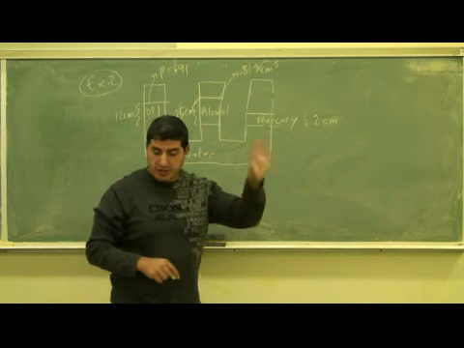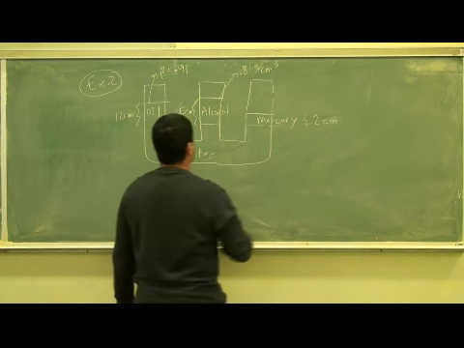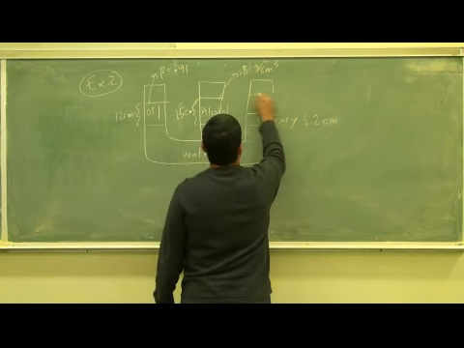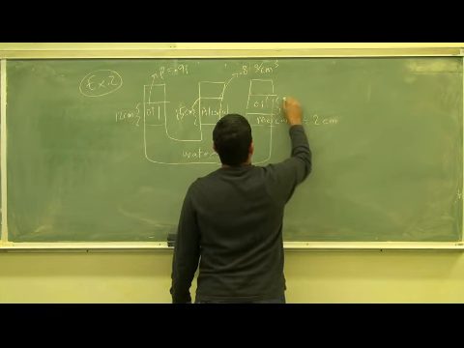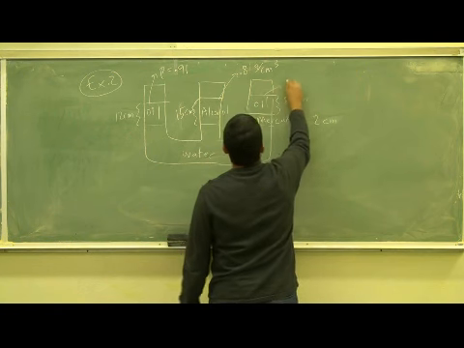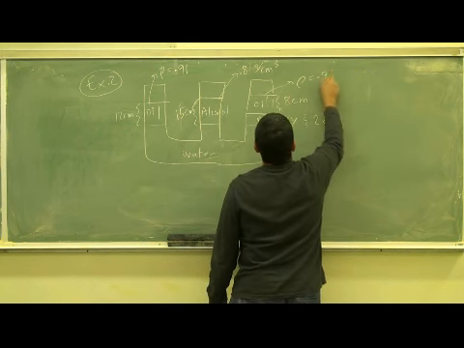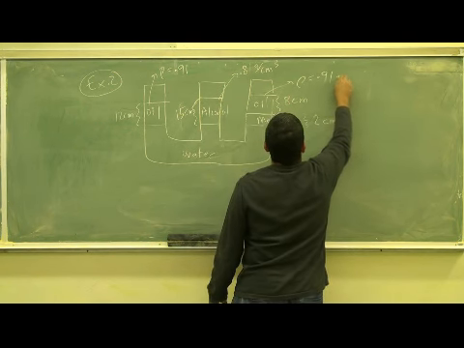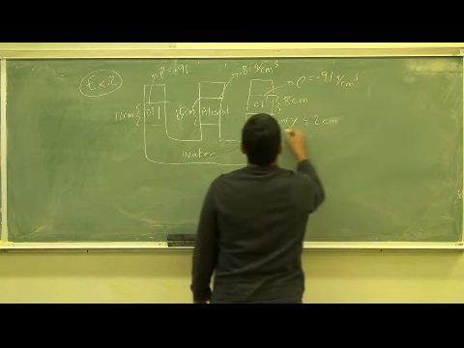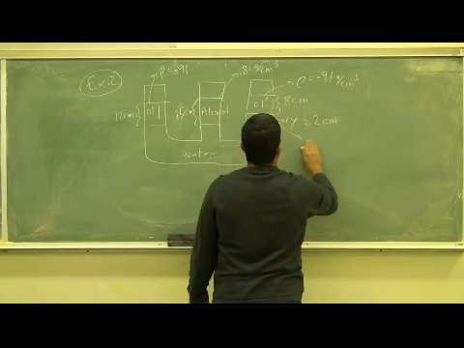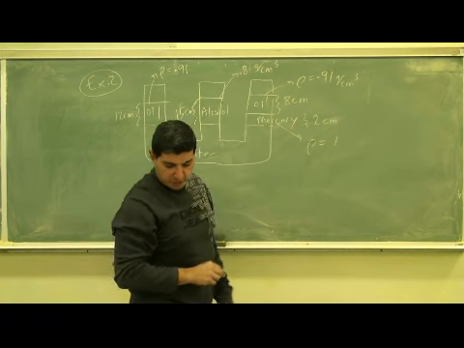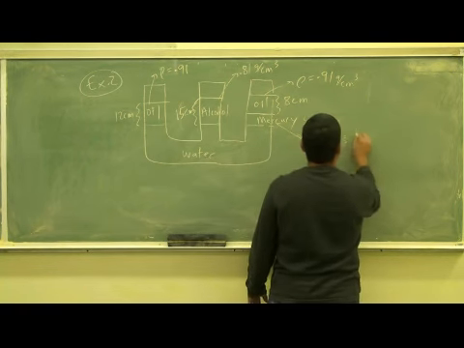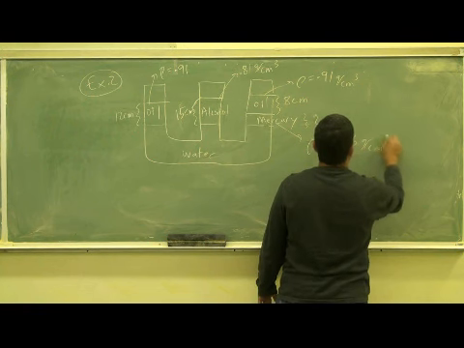And on top of the mercury, I could put some more oil. Let's say 8 centimeters of oil, density 0.91 gram per cubic centimeter. And the mercury's density, I believe, is 13.6 gram per cubic centimeter.